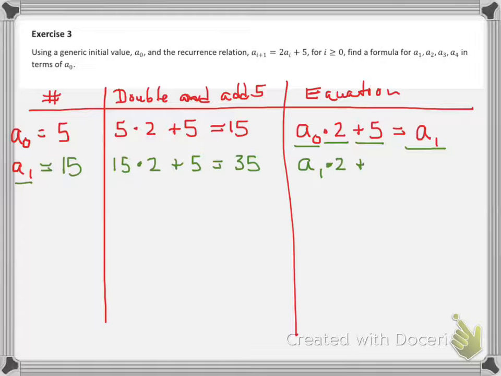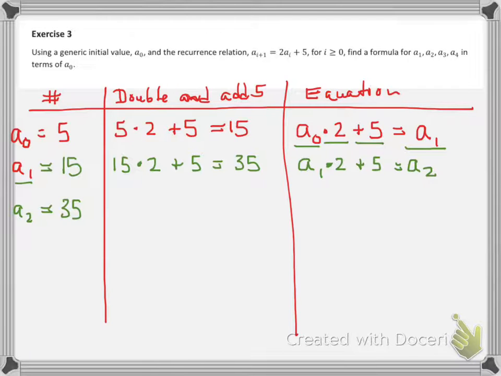We added 5, plus 5. And when we do all of that, that's going to be our result from round 2, but also it's going to be our start to the next round, which would be A sub 2. Our start of the next round, which is 35.